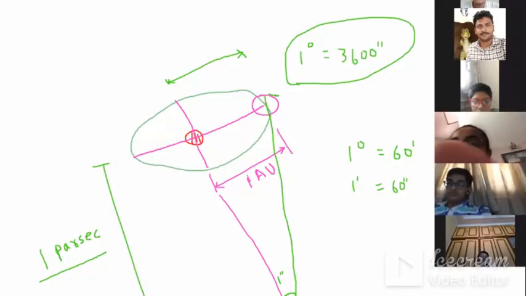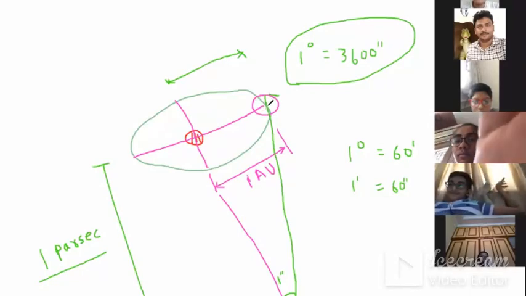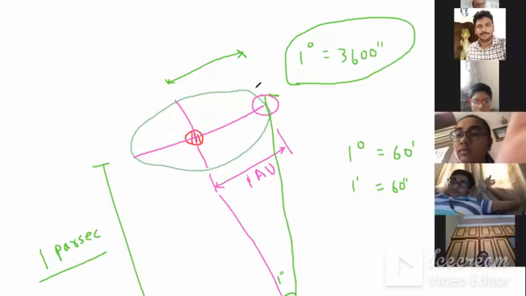I'll repeat again, and give a short summary. The center is your sun, and the movement of earth around the sun is elliptical. So here is your earth.